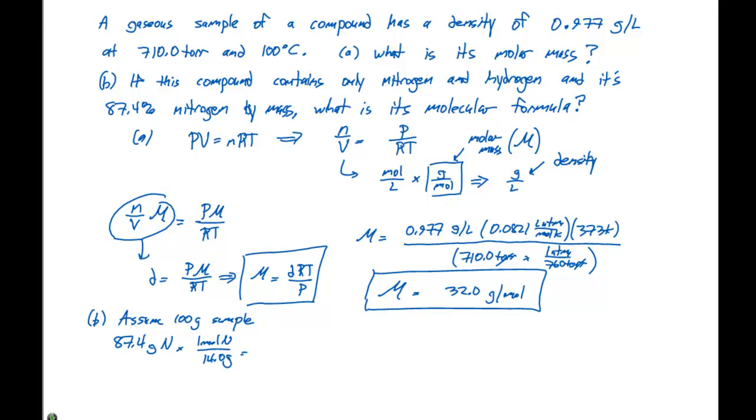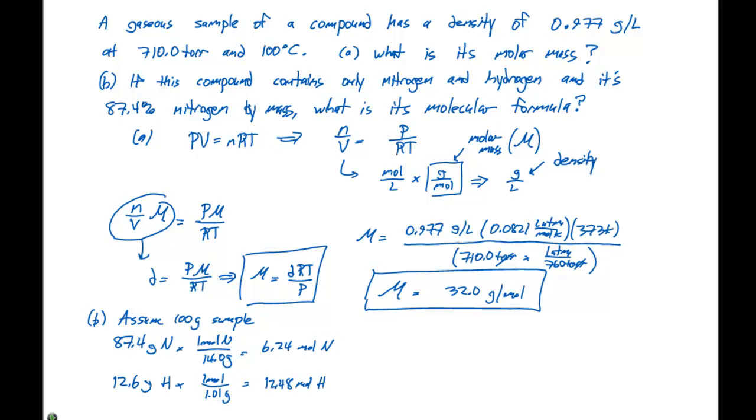That gives us 6.24 moles of nitrogen. If our compound contains only nitrogen and hydrogen, the other 12.6%, or 12.6 grams, must be hydrogen. For every 1 mole of hydrogen, there's 1.01 grams. So this tells us that we have 12.48 moles of hydrogen.